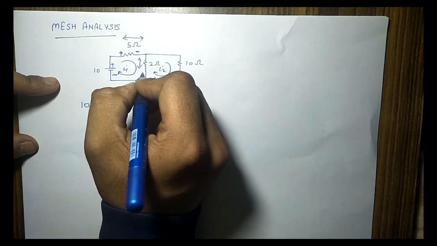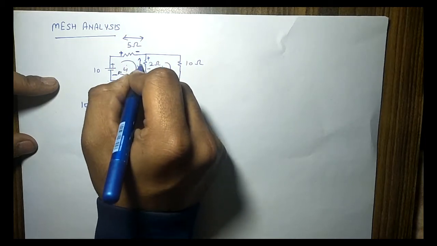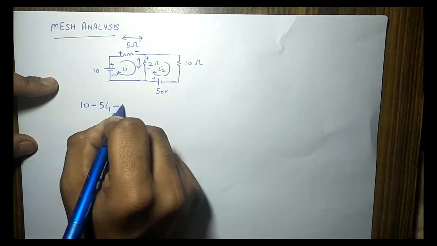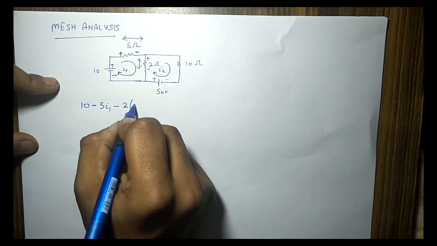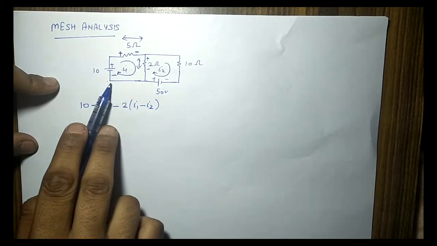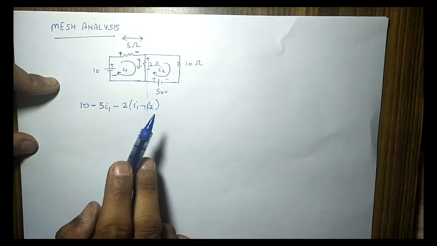Next, the current is going from this to this in this path, only in loop 1. So minus 2, and now this is the point to be noted, that is (I1 minus I2). I am considering that current I1 is going in this direction and current I2 is going in the opposite direction.